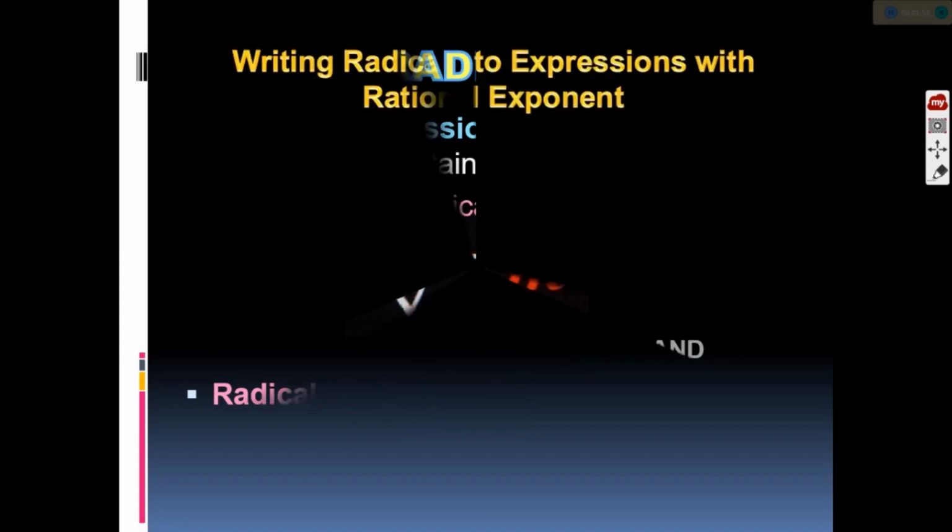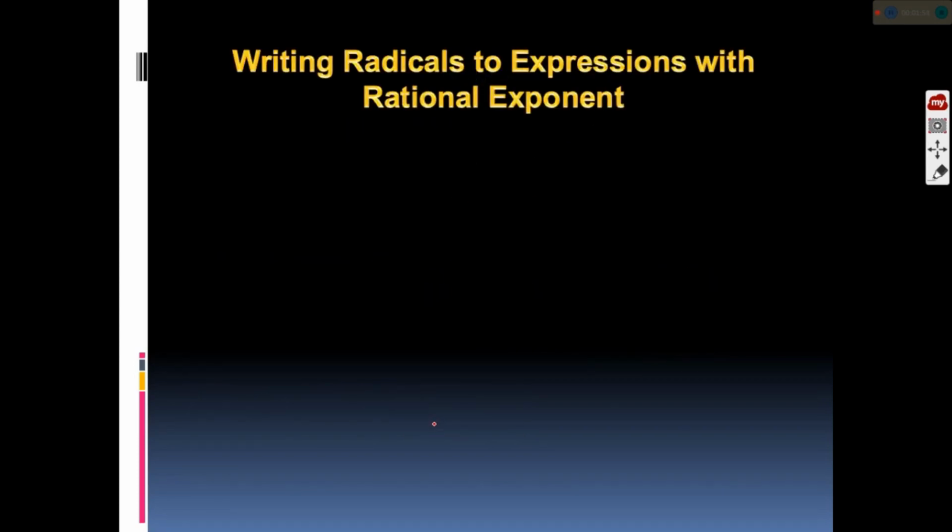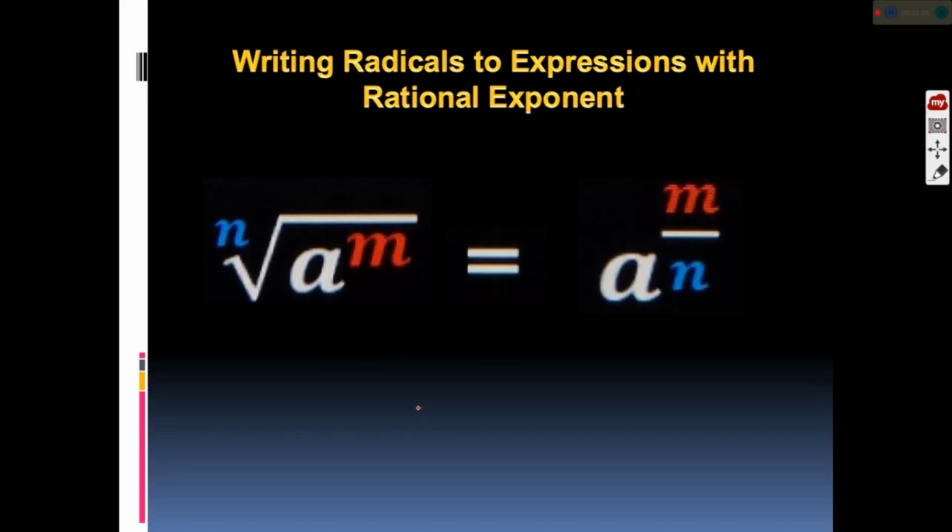Okay, let's have the writing radicals to expressions with rational exponent. So, if we have nth root of a raised to m, that is equal to a raised to m over n.